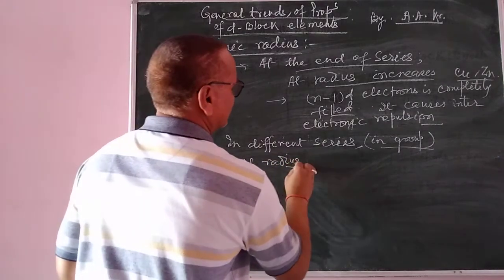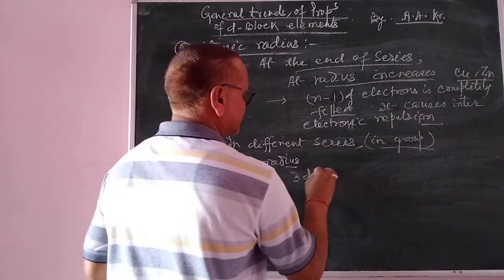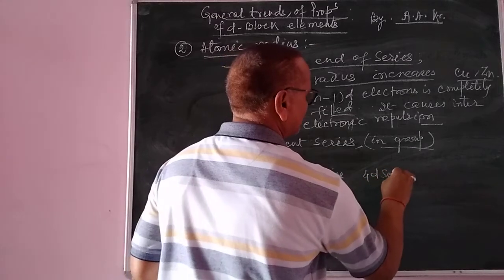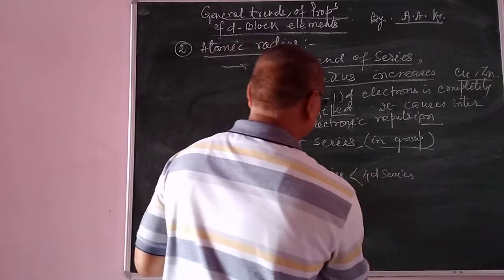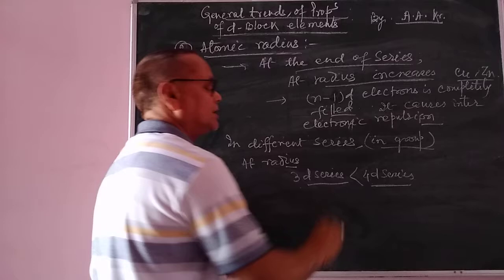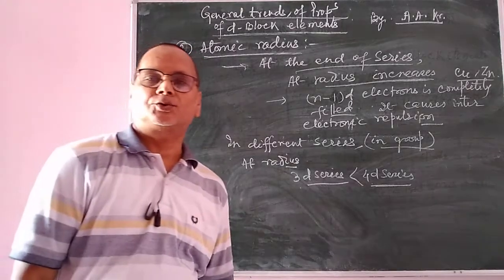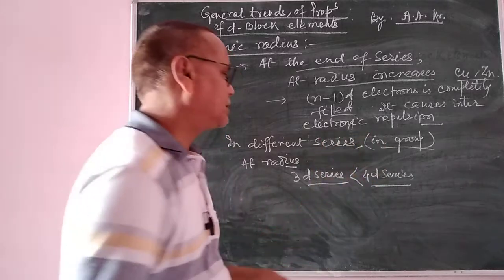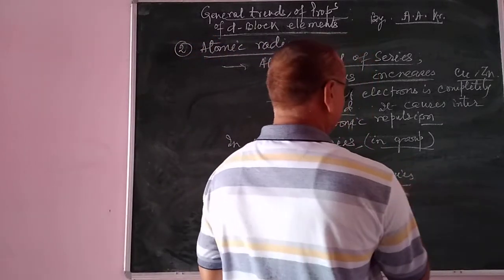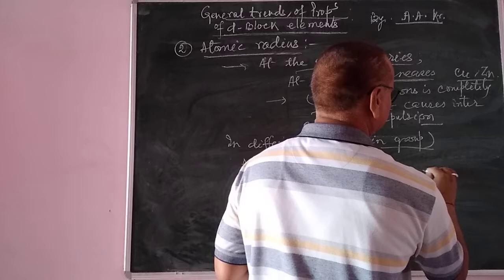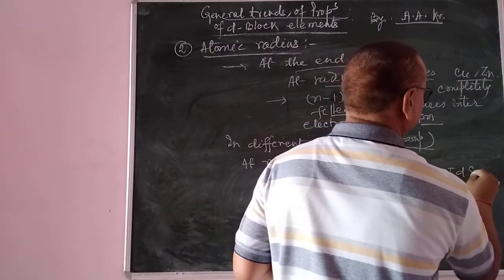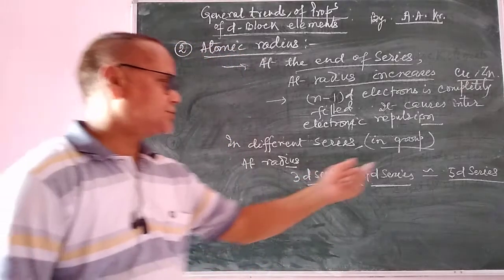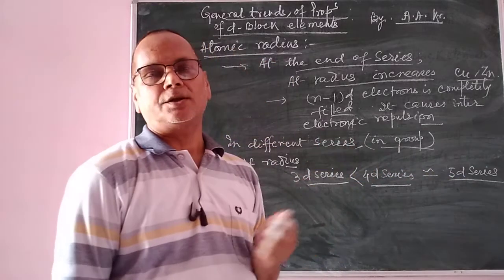The atomic radius of the 4d series is larger than the 3d series because the number of shells increases. But the atomic radius of the 5d series is the same as the 4d series.